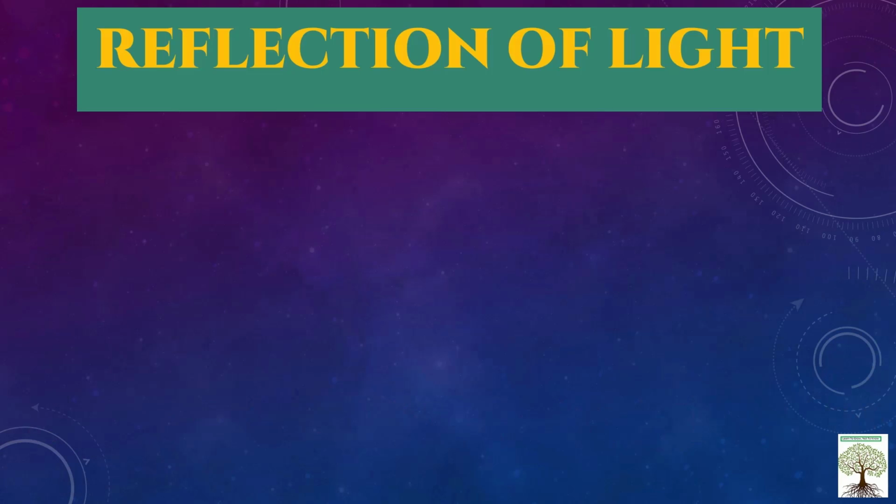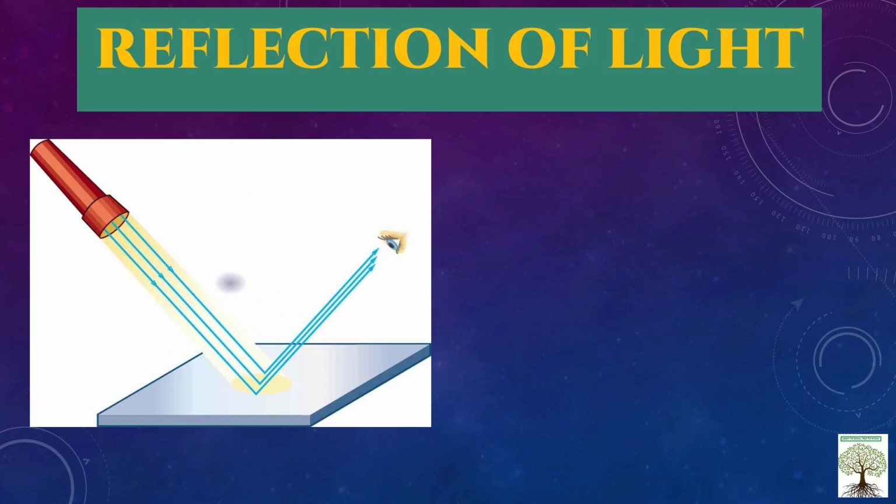Okay, let's see the second property of light, that is reflection of light. As you can see, when light falls on an opaque object, this opaque object reflects this light, or bounces back the light, into our eyes so that we are able to see this opaque object.